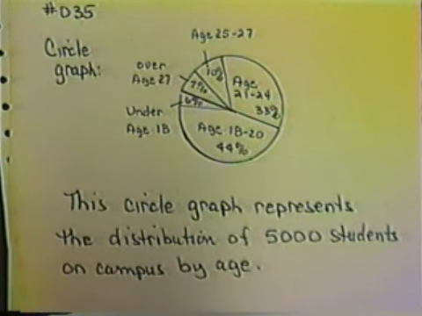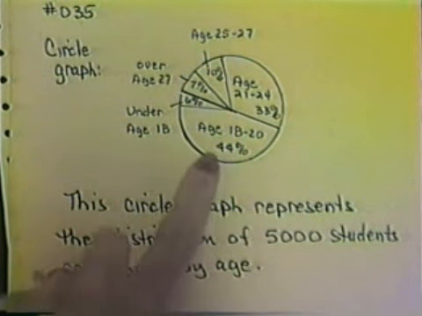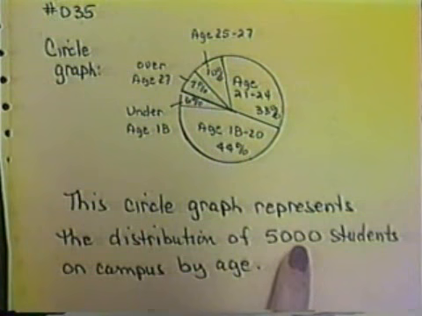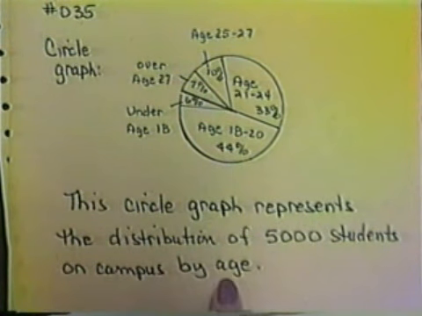There are a lot of different ways that we could divide this up, but it's usually done with percentages. And this particular graph represents 5,000 students by age. Now let's see if we can answer some questions using the circle graph.